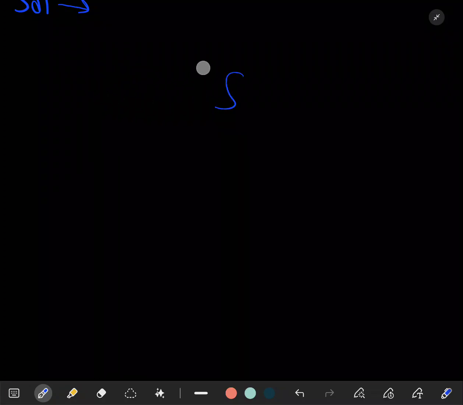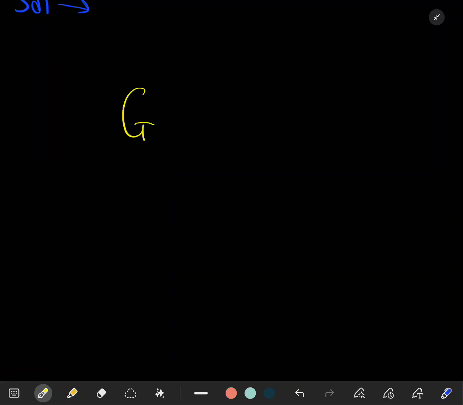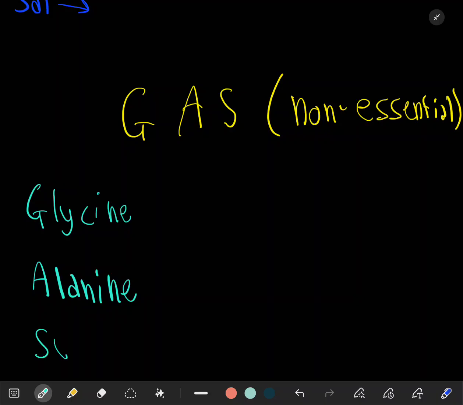Gas is an abbreviation which I would recommend you learn. And keep in mind that these are non-essential amino acids. Our GAS would be G for glycine, A for alanine, and S for serine. So how do we remember this? This is basic. If you see the diagram multiple times, this would be memorized.